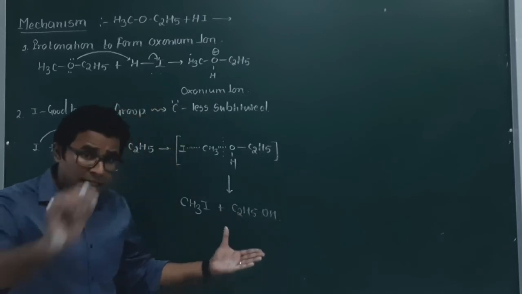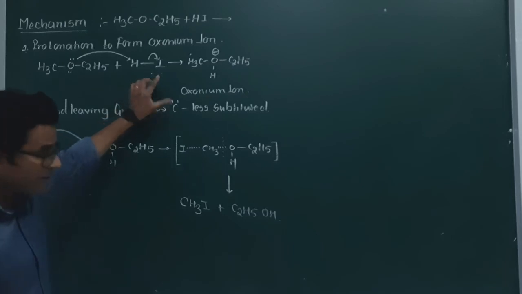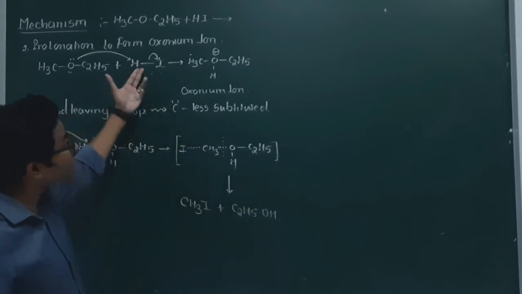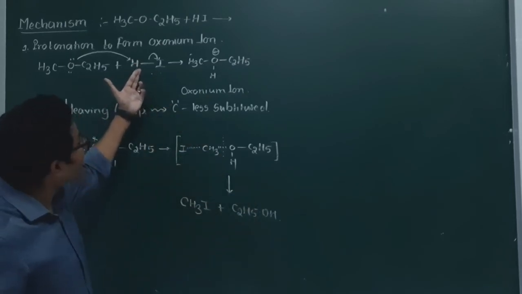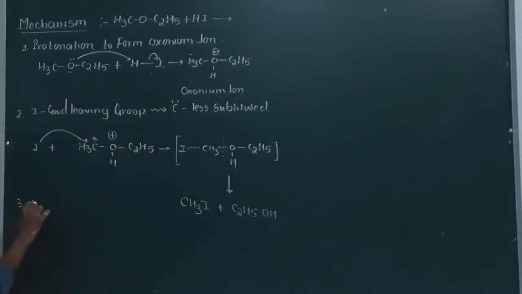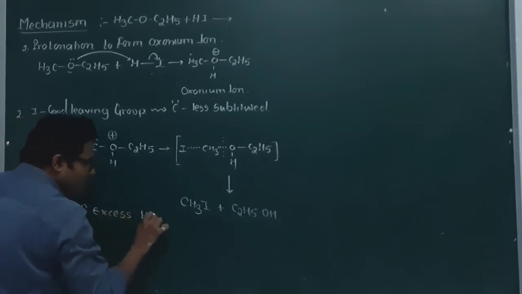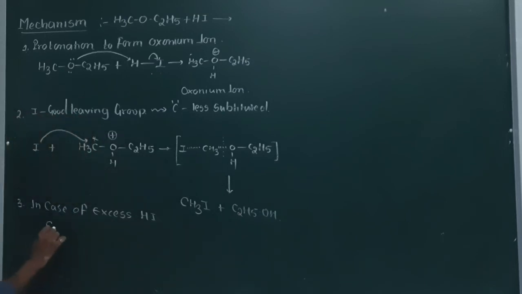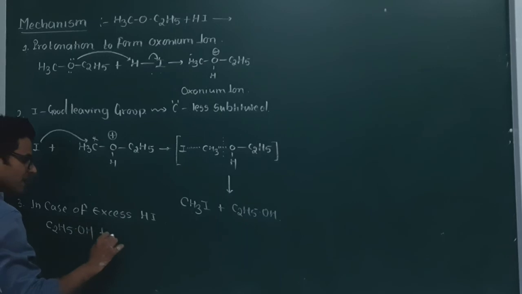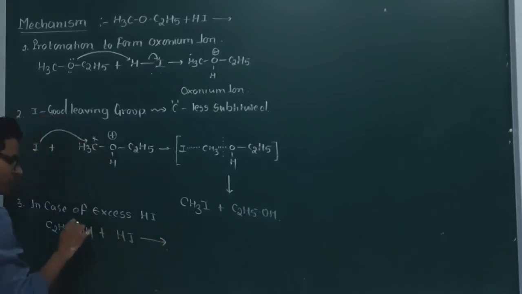In case we have an excess amount of hydrogen iodide, then the alcohols also start reacting with the hydrogen iodide. So here, in case of excess hydrogen iodide, C2H5OH starts reacting with hydrogen iodide.